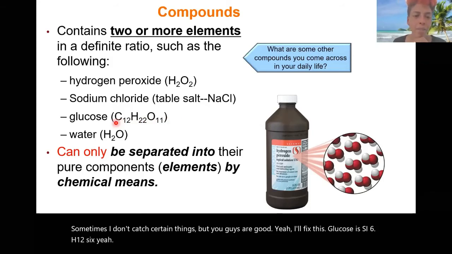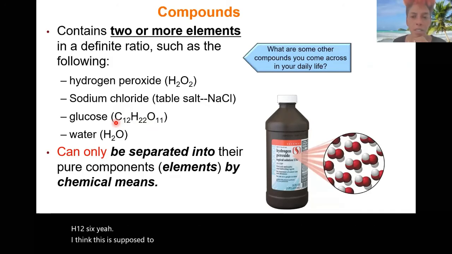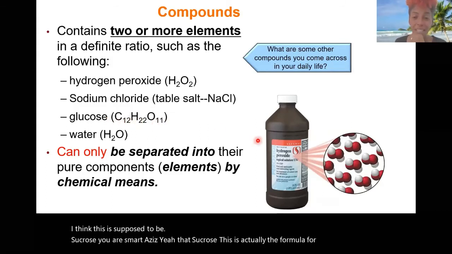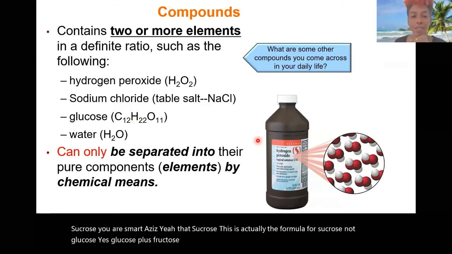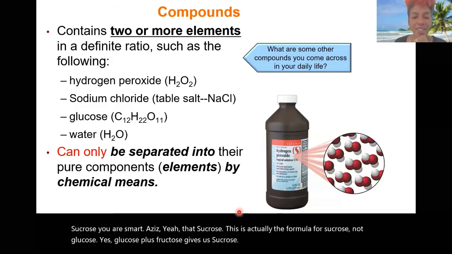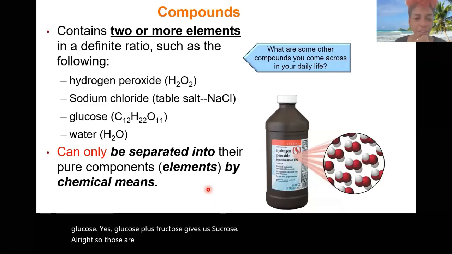I think this is supposed to be sucrose. Yeah, you are smart, Aziz. That's sucrose. This is actually the formula for sucrose, not glucose. Yes, glucose plus fructose gives us sucrose. All right, so those are some chemicals that you already know.